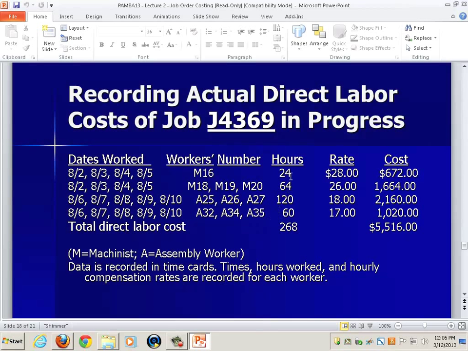Then the hours that those workers put in. The rates are different because there are different levels of experience in different categories of workers. And then we multiply the hours by the rate, we get the costs, we add them up, and the total direct labor cost is $5,516, again, actual.